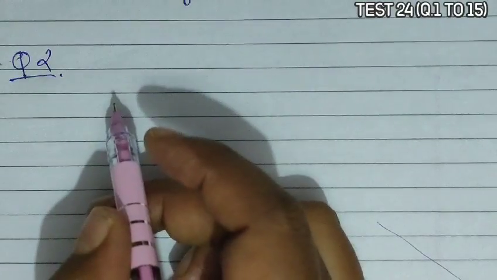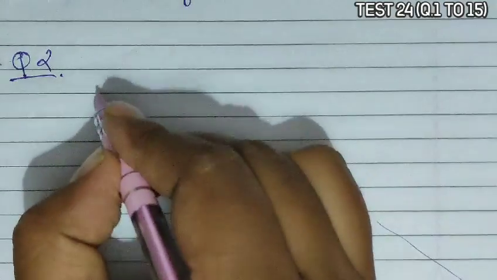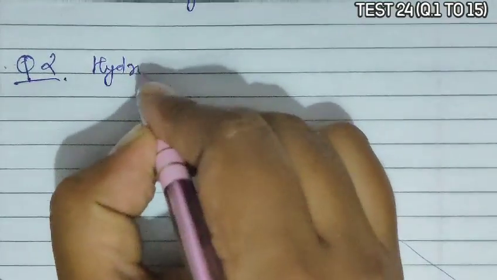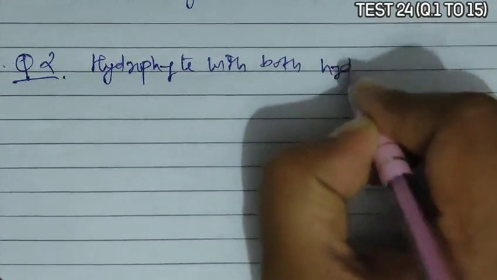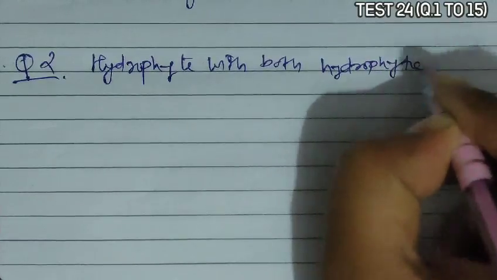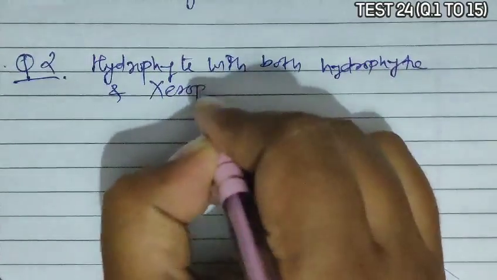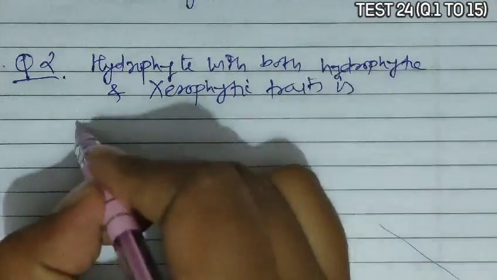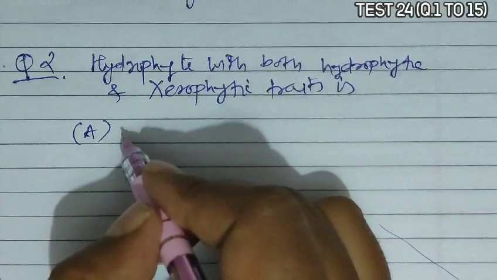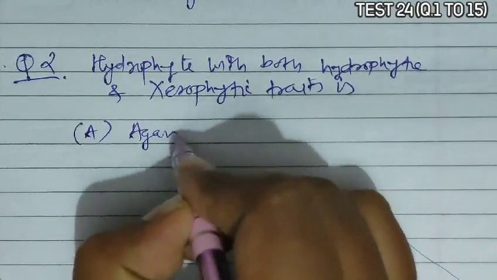Question 2. Question 2 asks that hydrophytes with both hydrophytic and xerophytic traits are. Hydrophyte means water loving plant. So if we talk with respect to option A, it is given as agave.